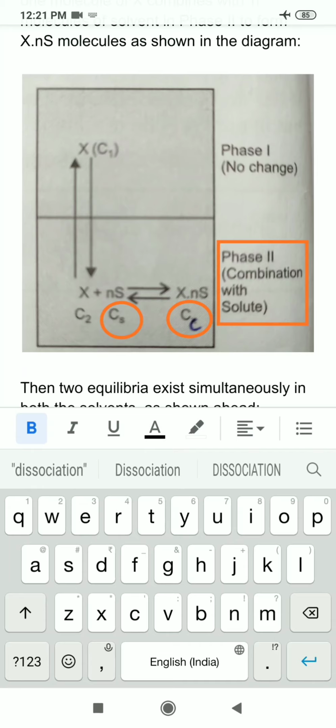shown in orange circle. Now as solute X is combining with n number of solvent molecules and is forming a complex XnS whose concentration is CC. So this is the combination of the solute X with n number of solvent molecules.